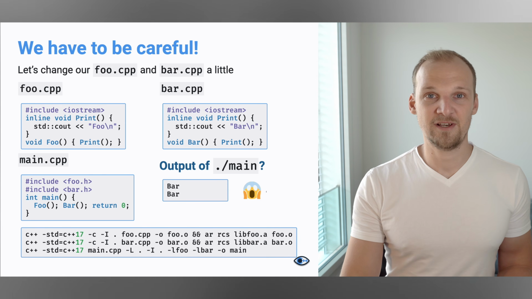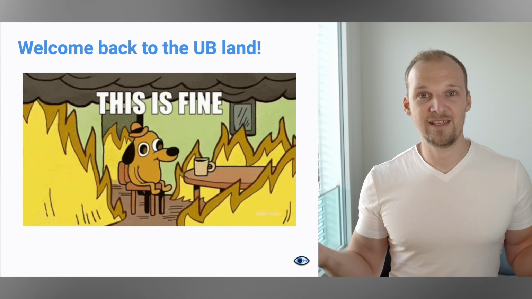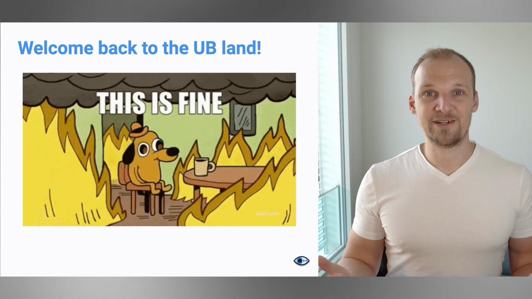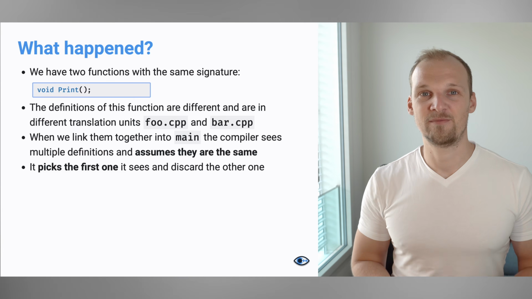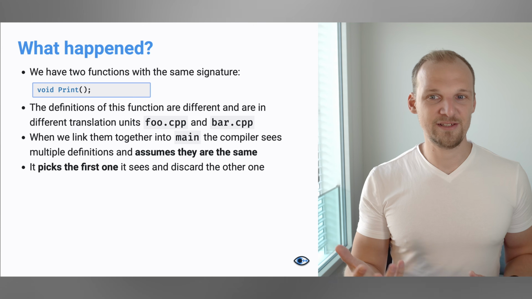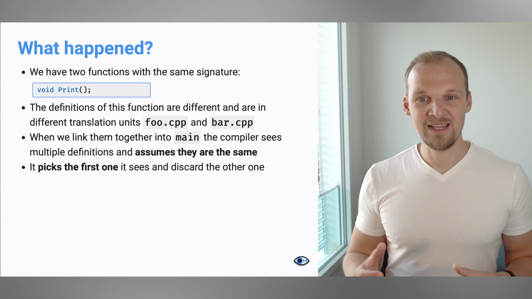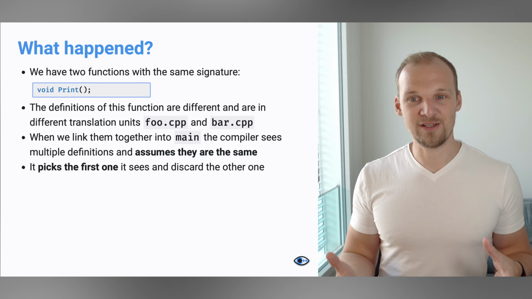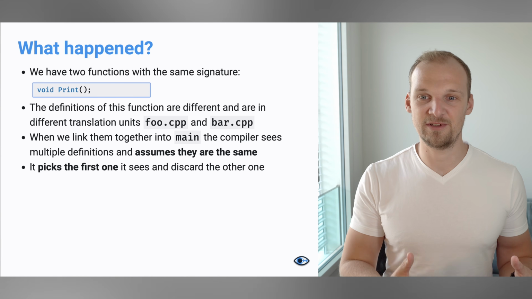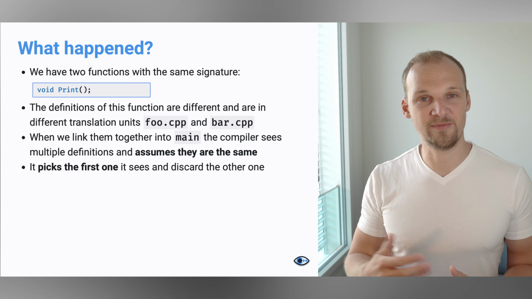It's unspecified, and we are again in the undefined behavior land, which is where we like finding ourselves in C++, I guess. But first, let's talk about what actually happened here. We now have basically two functions with the same signature. The definitions of this function are different and are in different translation units, foo CPP and bar CPP. Whenever I say translation unit, I just mean a CPP file.